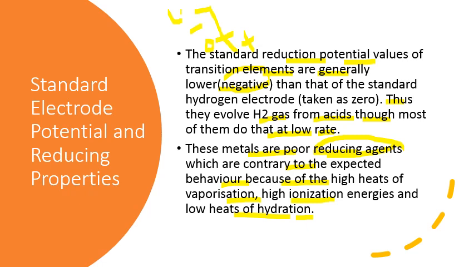Including, we have seen the standard electrode potential, and if we talk about its reducing property, you can see they are poor reducing agents, and they have the capability to evolve hydrogen gas from the acids. So these all are the periodic properties and their trend we have seen in the general series of the transition elements.